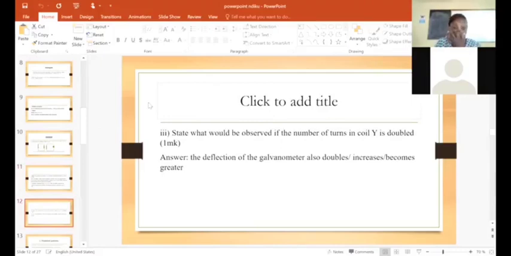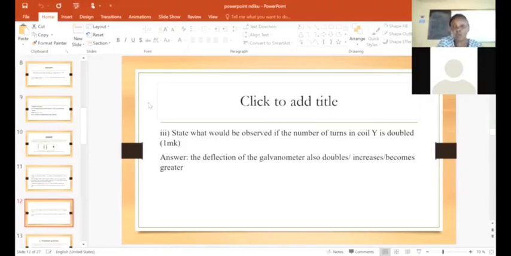The third question was asking, state what would be observed if the number of turns in coil Y is doubled. We are comparing with before the turns were doubled. So in this case, a comparative term must be used because we are comparing 2 things.